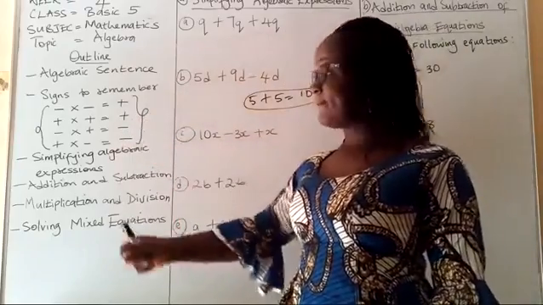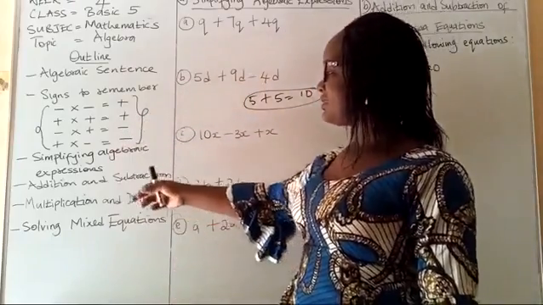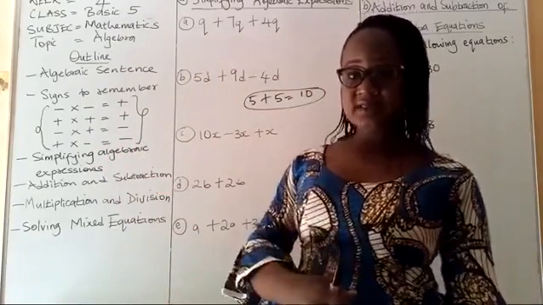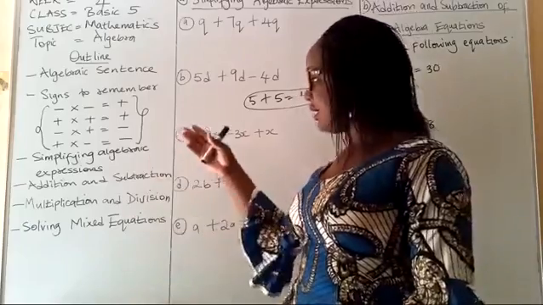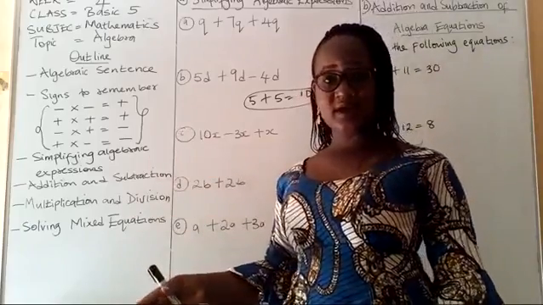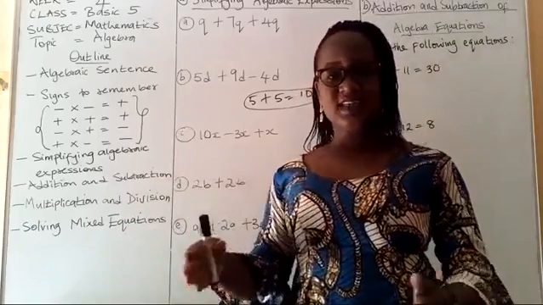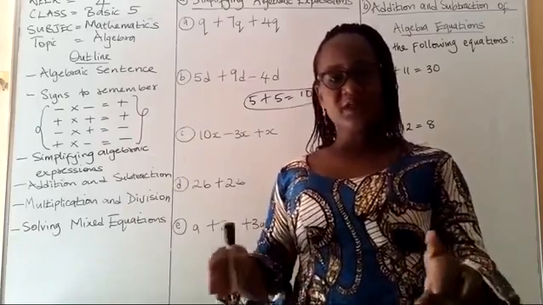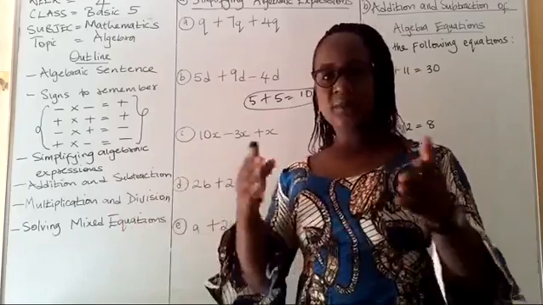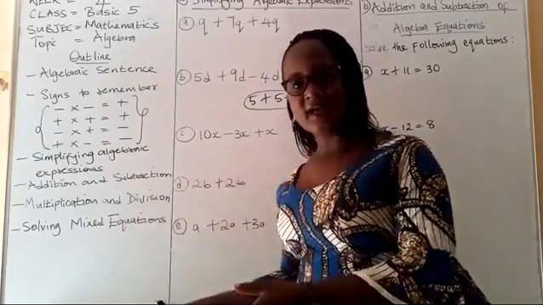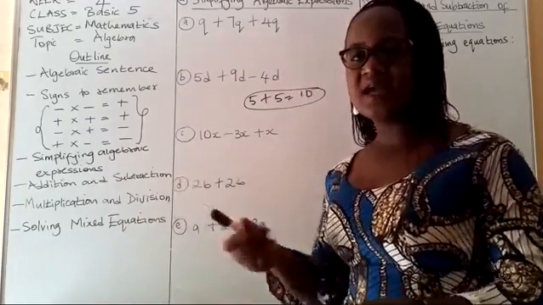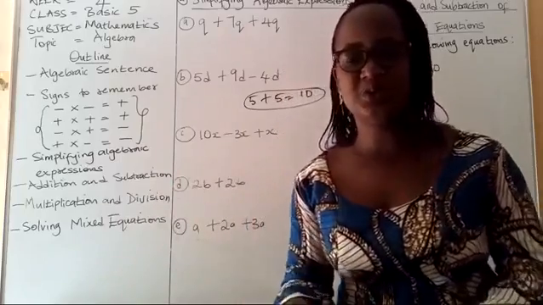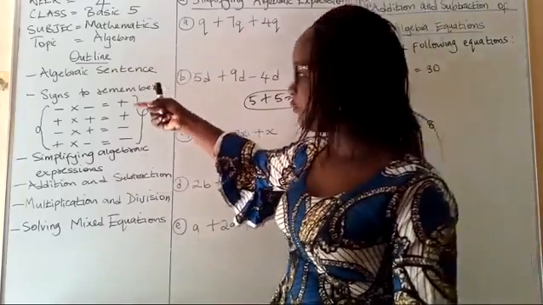Now, when you have plus times plus, it will give you a plus. Another one is this: minus times plus will give you minus. Plus times minus will give you what? Minus. So either way, once a minus is involved, observe it: when they are not the same, minus times plus is minus, plus times minus is minus. When we have the same signs, plus and plus, or minus and minus, multiplying, it must give you what?